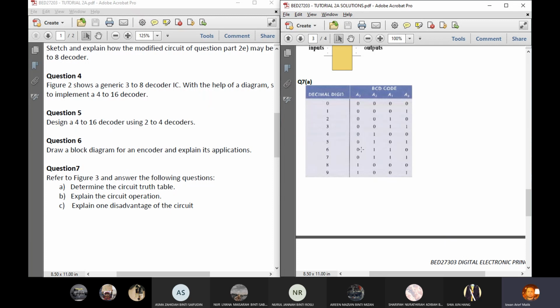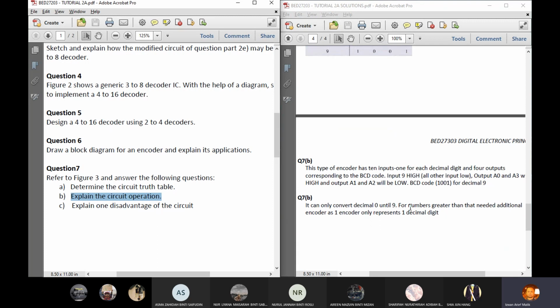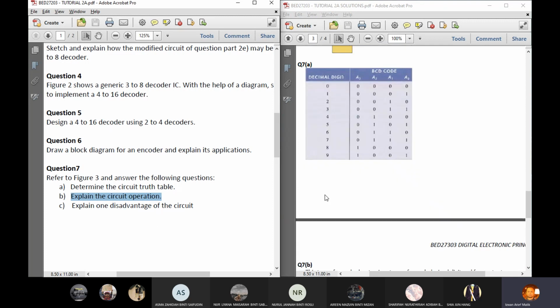So this is 8, there is no 8, so 0 plus 4 plus 2 plus 0 becomes 6. That is how you obtain the circuit operation. You can discuss everything, but if a question like this comes out in the final, you just need to give an example for one decimal digit and that is enough. No need to discuss too much.